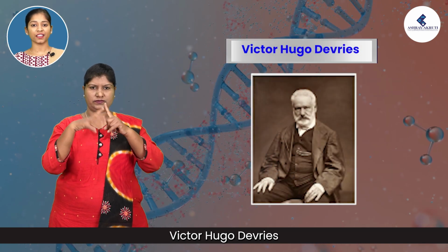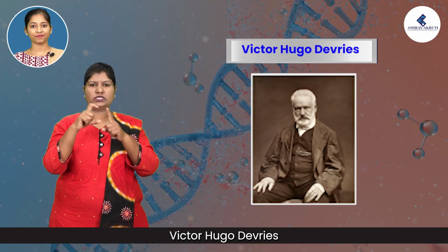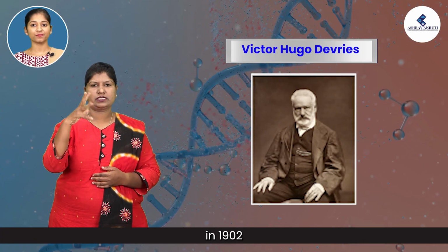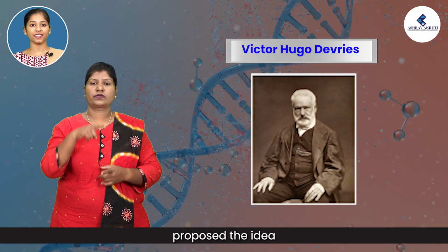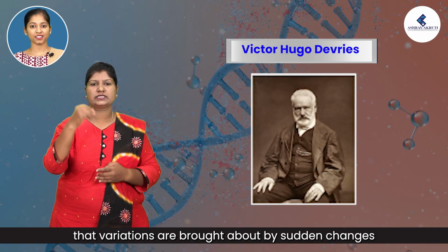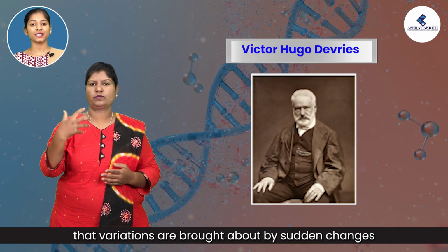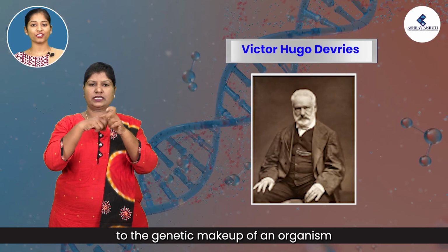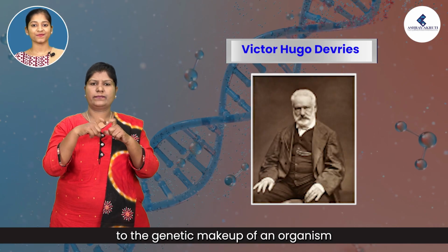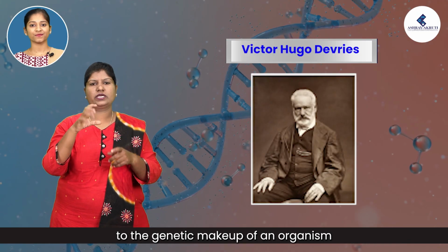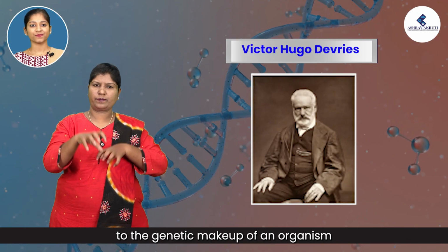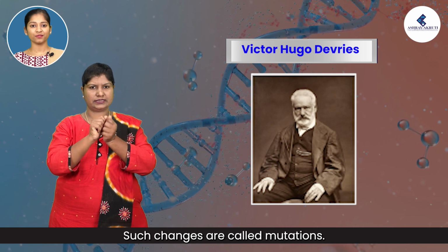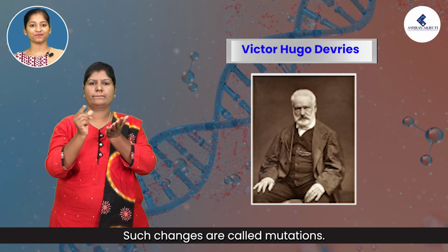Hugo de Vries in 1902 proposed the idea that variations are brought about by sudden changes to the genetic makeup of an organism. Such changes are called mutations.